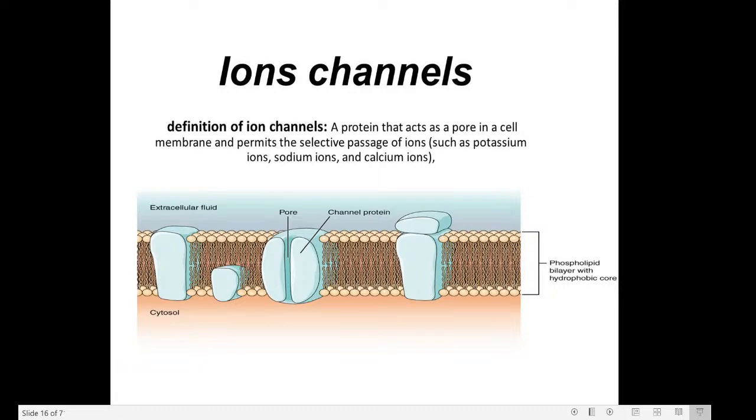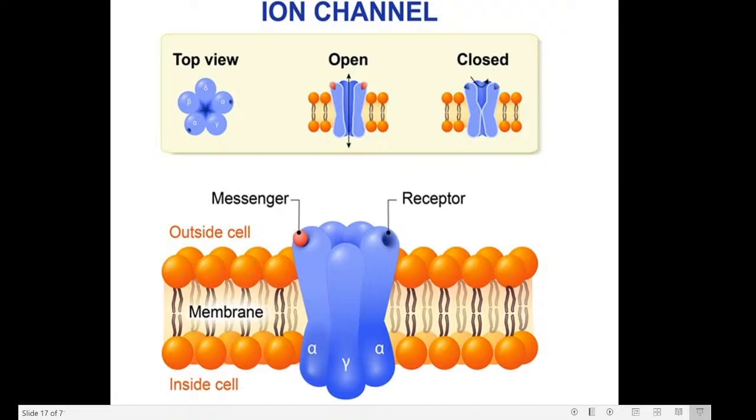There are different types of ion channels. An ion channel has five subunits in its structure: alpha, beta, gamma, delta and kappa. Then it can be opened. It has an open form and a closed form. Why, and how is it open and closed?